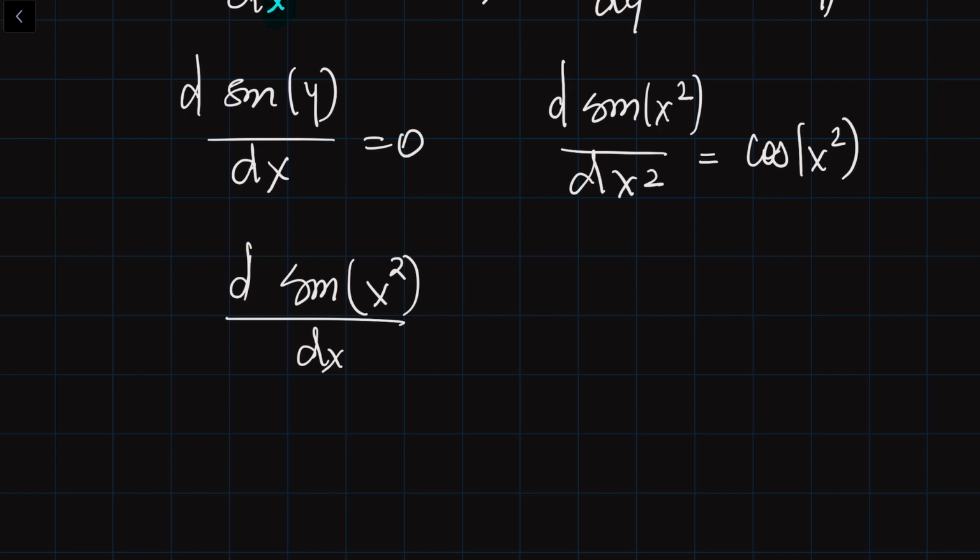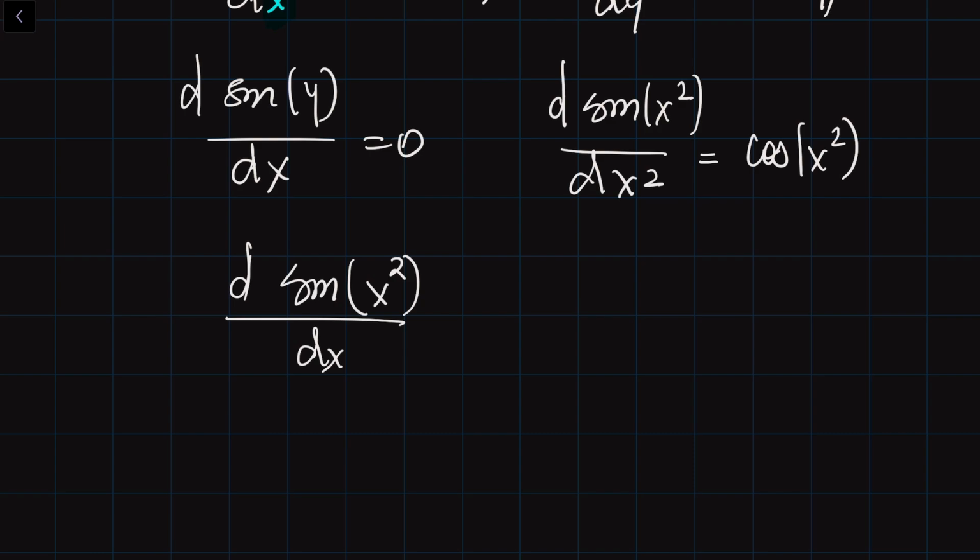But I would like to look at this problem from the perspective of this notation. Here I've got this notation, d of sine of x squared over dx. And we've agreed algorithmically that I can make this if and only if the argument of the function is the same as the variable of the differentiation.